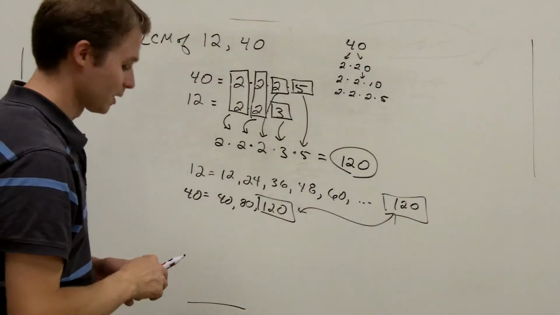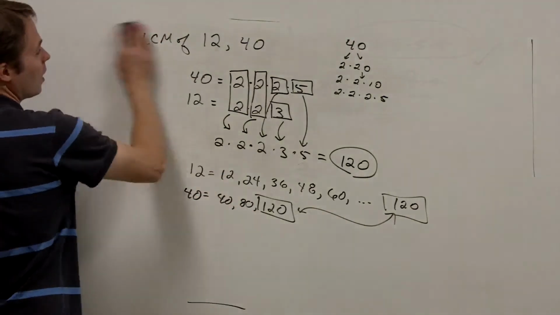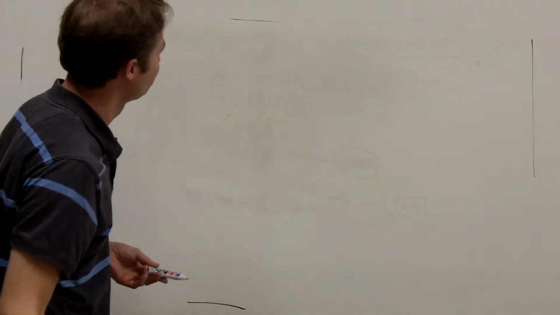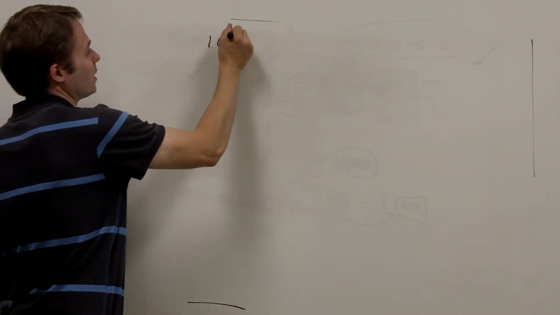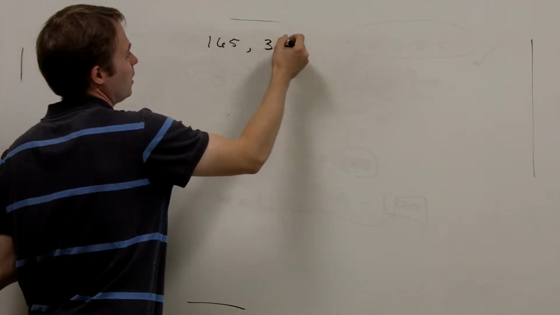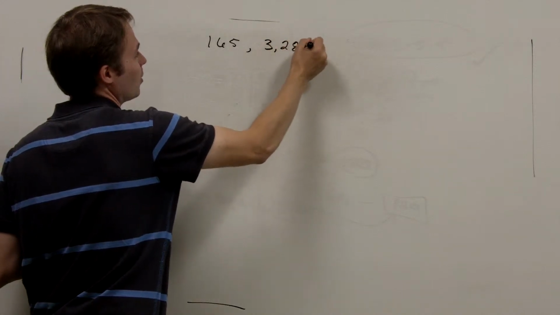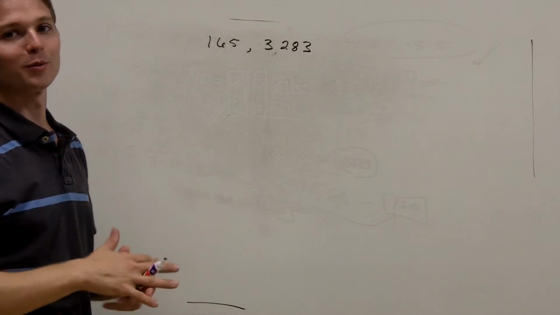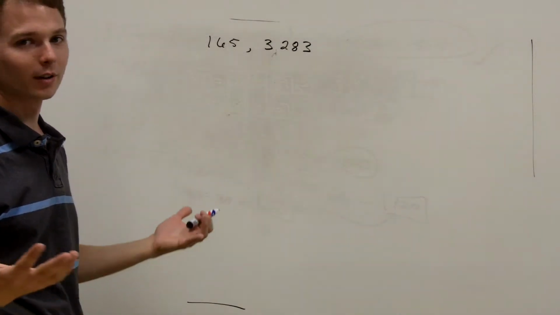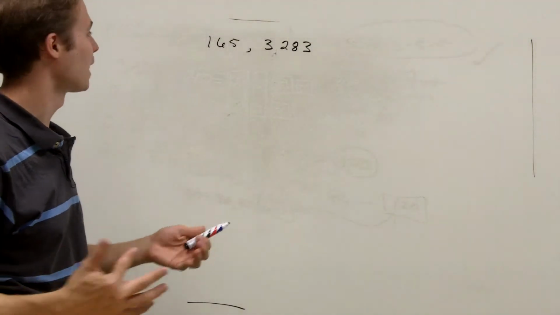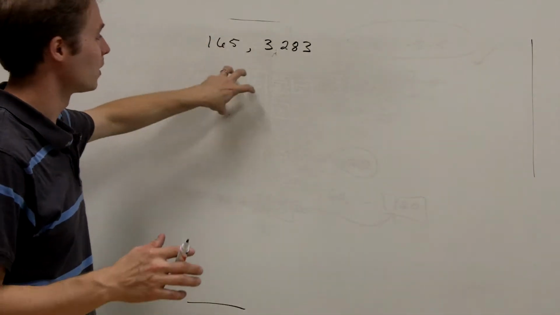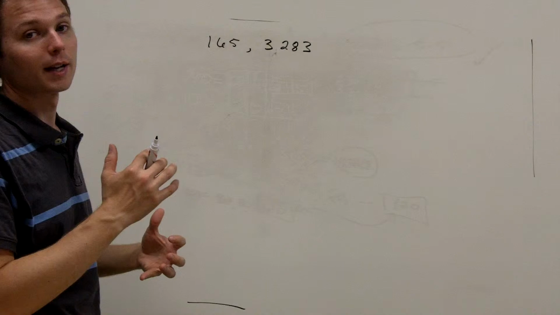So if I gave you, for example, the least common multiple of 165 and 3,283, all of a sudden this task of listing out multiples becomes very boring and monotonous and takes a long time. So if you can shorten the process by doing the prime factorization and multiplying together.